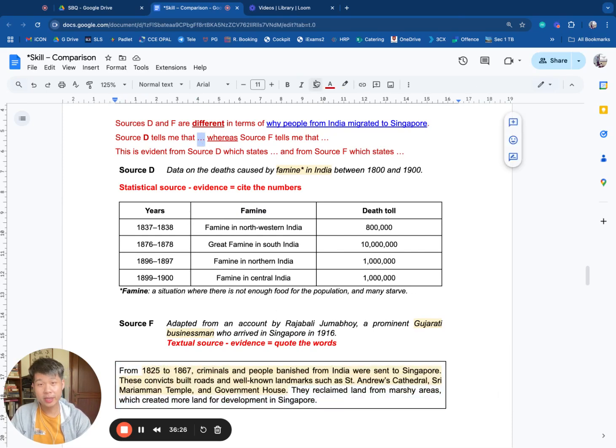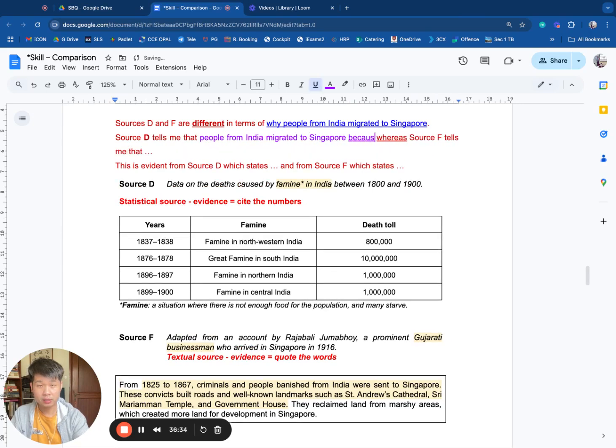So source D tells me that people from India migrated to Singapore because they were starving and were desperate to find a better life overseas, starving back home.